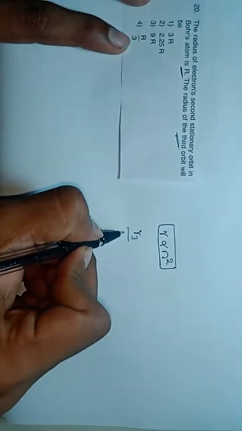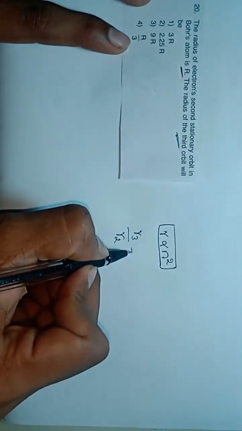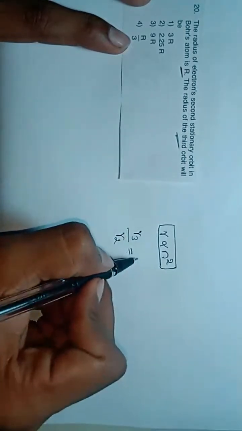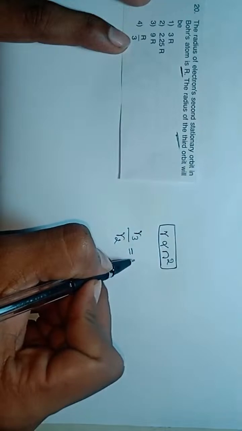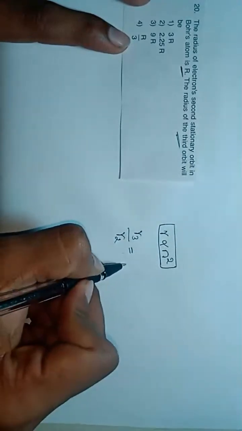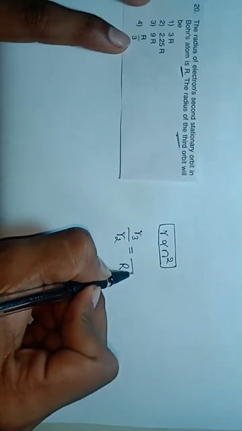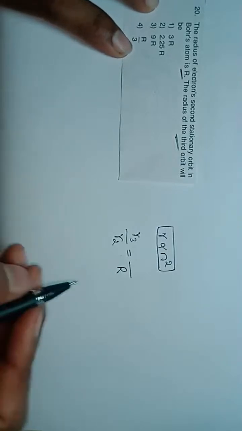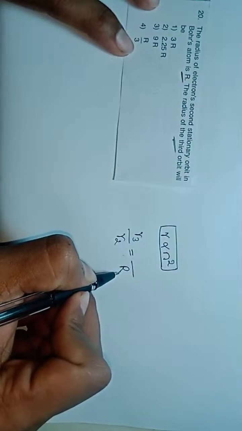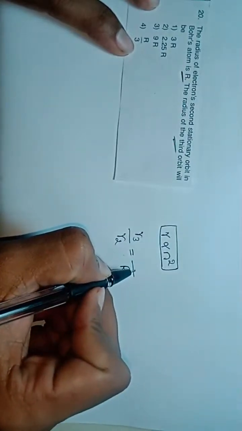So r3 divided by r2, we can write it as a directly proportional relation. We have to find r3, but r2 they have given, that is r. n square means what?